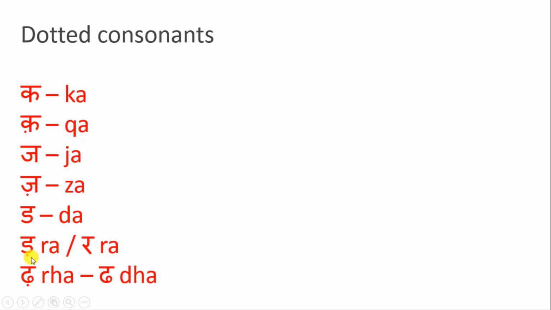So, it is okay if you pronounce this as D. Everywhere in all my lessons, I have used the pronunciation D, even if it was R. Okay, same goes here. This is R. This is D. But it is difficult for you to pronounce.